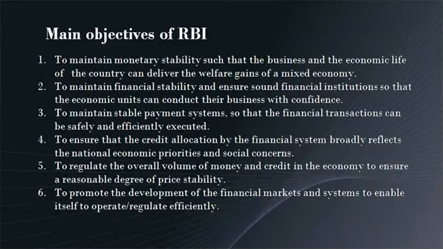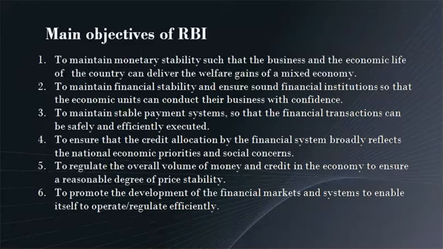But what are the main objectives as of now? To maintain monetary stability such that the businesses and the economic life of the country can deliver the welfare gains of a mixed economy. As we have studied in the second semester in legal and business environment, the monetary policies are made by the RBI, and the fiscal policy is made by the government.